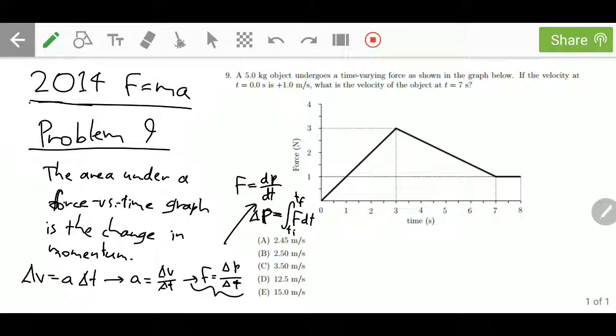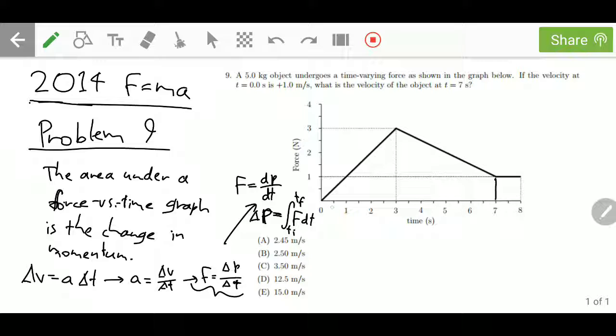However, if you split up this time interval into many smaller time intervals, you can say that on each interval, this statement is roughly true, and as you divide up the time into smaller and smaller slices, this becomes more and more accurate. And this is the idea of integration anyway. So all we need to do is find the area under this graph, and then make some slight adjustments, and then we'll be done. So what is the area?